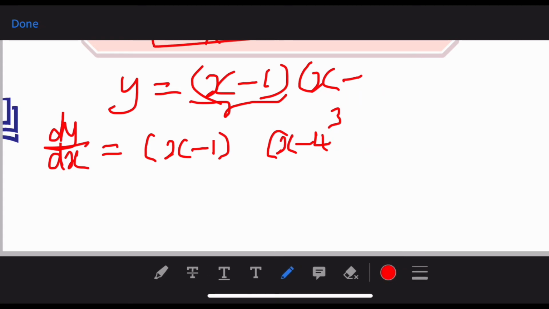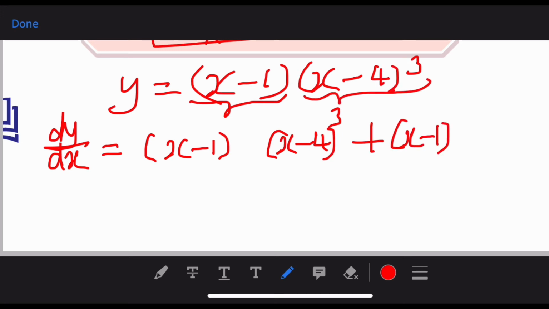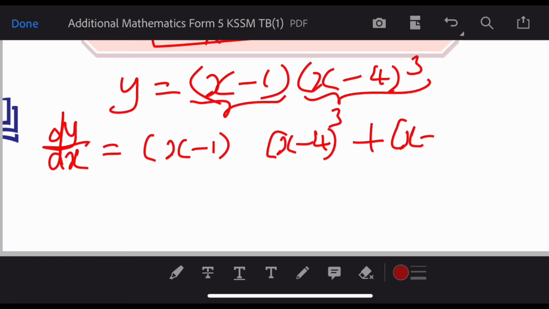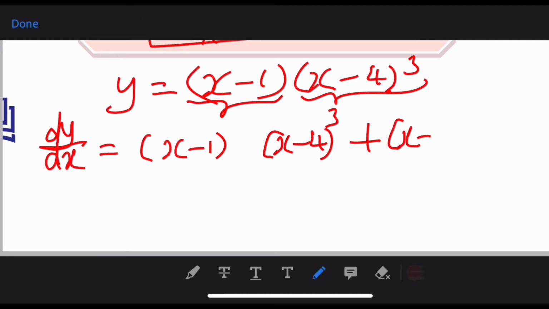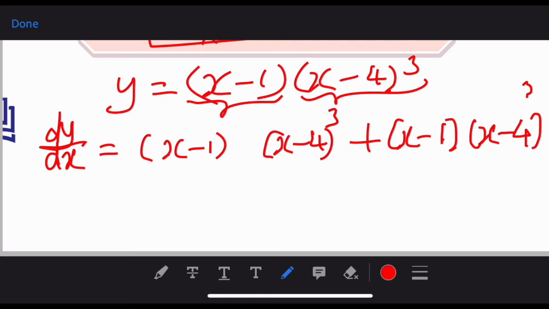Right. Now I want to show you how to recall the formula for the product rule. I'm going to tell you what I do so that I won't forget every time I come to the product rule. I will copy down everything.